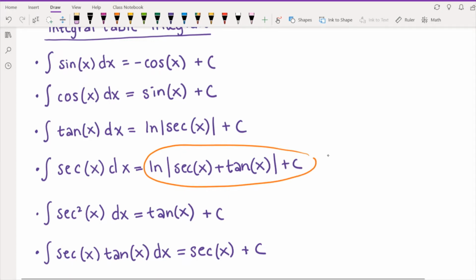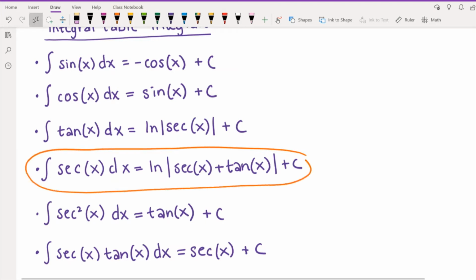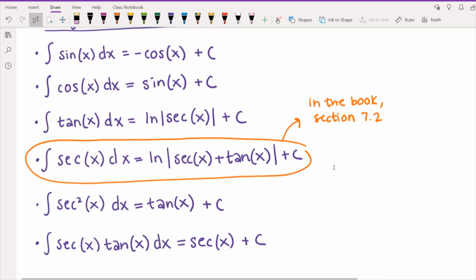If you're curious where it comes from, I'm not going to go over it in the video, but you can look in the book, in section 7.2. Basically, there's a special trick where they multiply the integrand by something over itself, which doesn't change its value. It's a funny little trick.